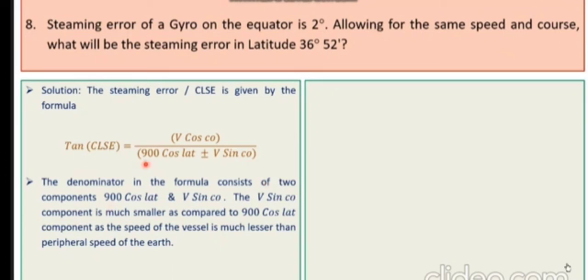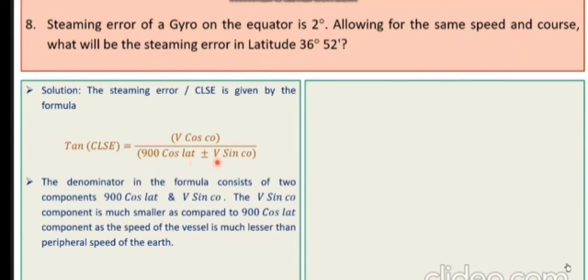The first component is 900 cos latitude and the second component is V sin cos. Now the second component, the V sin cos component, is much smaller as compared to the first component.